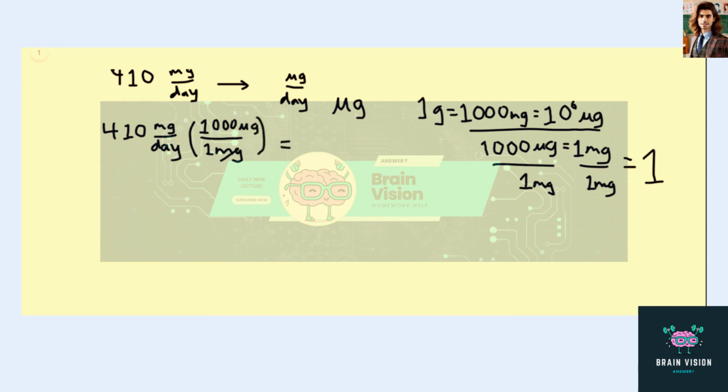We cancel out these, since milligram over milligram equals 1, and we're left with microgram per day. So our answer is 410,000 micrograms per day. So this is for part A.